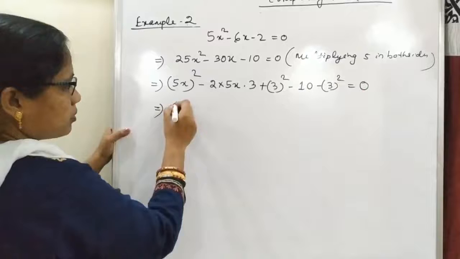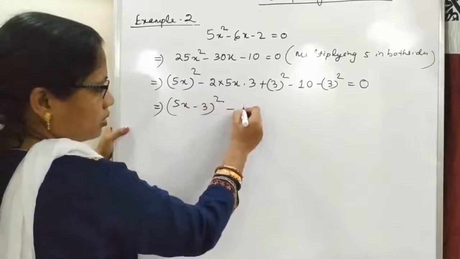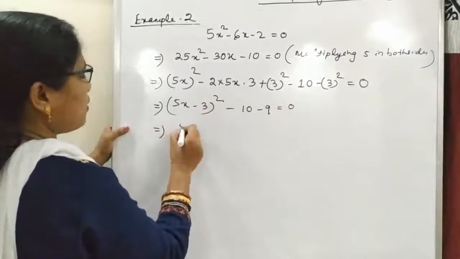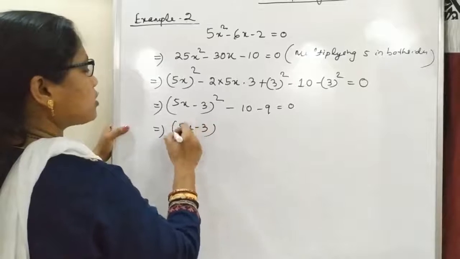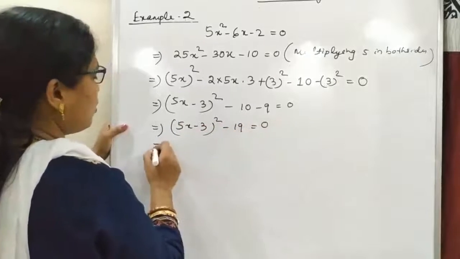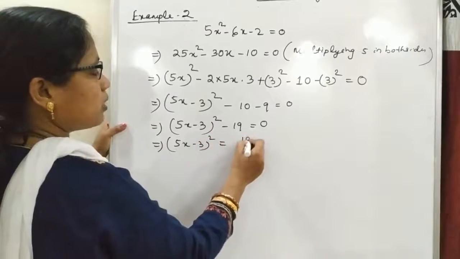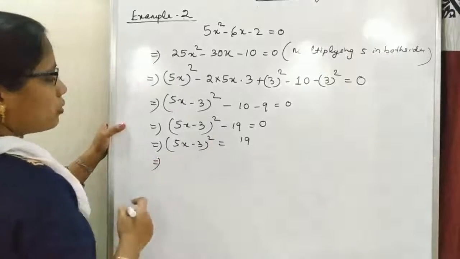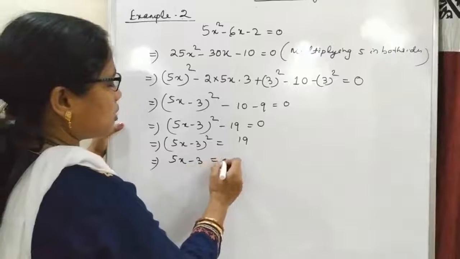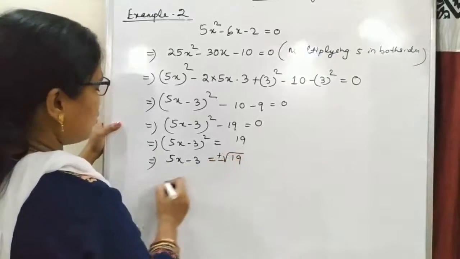So this becomes 5x minus 3 whole square minus 10 minus 9 is equal to 0. So this implies 5x minus 3 whole square minus 19 is equal to 0, or 5x minus 3 whole square is equal to 19. To find the square root on both sides, this becomes 5x minus 3 is equal to plus or minus root over 19.